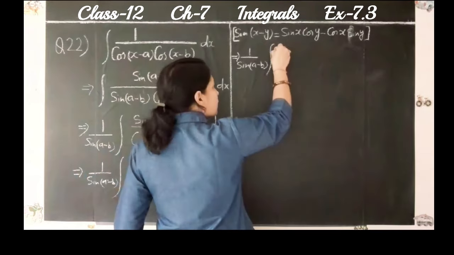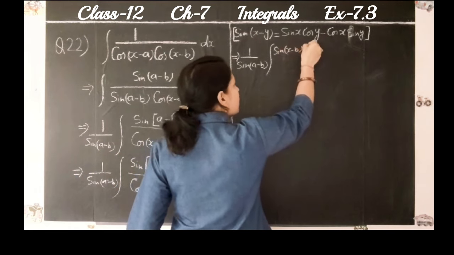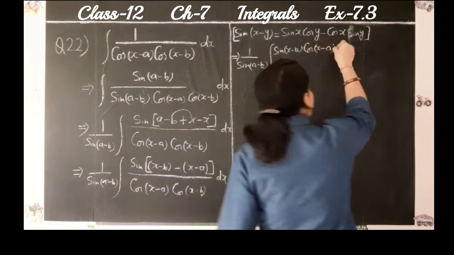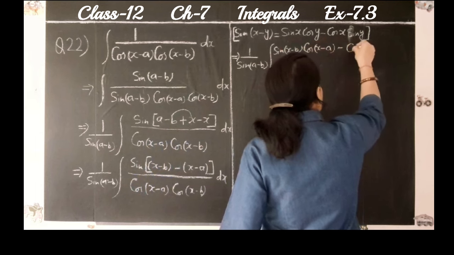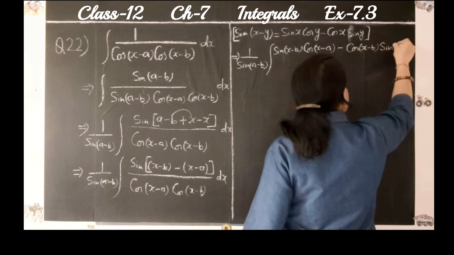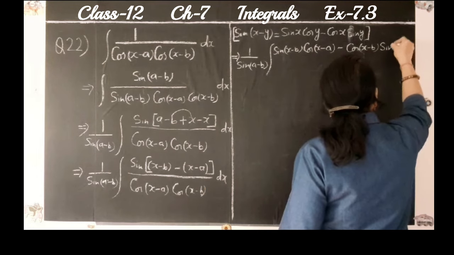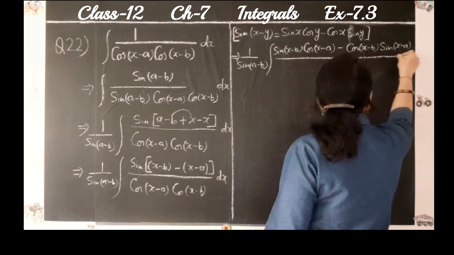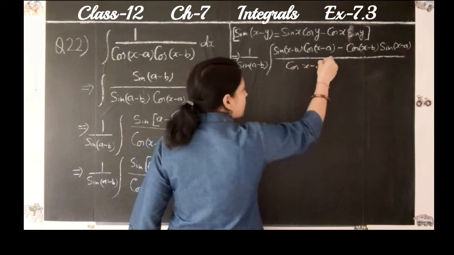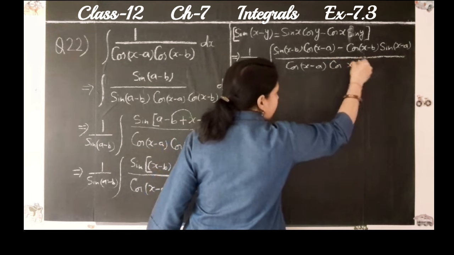So write here sin(x minus b) into cos(x minus a) minus cos(x minus b) into sin(x minus a), and it is divided by cos(x minus a) into cos(x minus b).